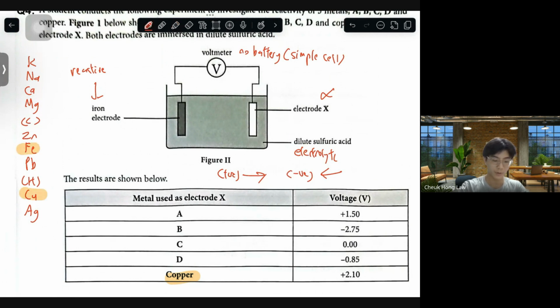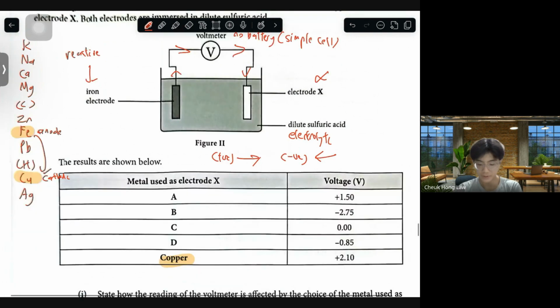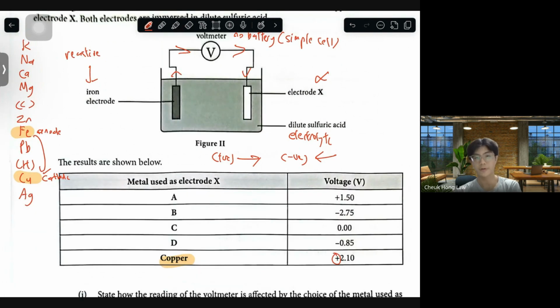That means iron is the more reactive one. It will be the anode, and copper is the cathode. So electrons transfer from iron to copper, and the electron flow is like that. When the electron flow is clockwise, the voltage is positive. So now we know already. If electrode X is more reactive, the voltage will be negative. If electrode X is less reactive than iron, the voltage will be positive.